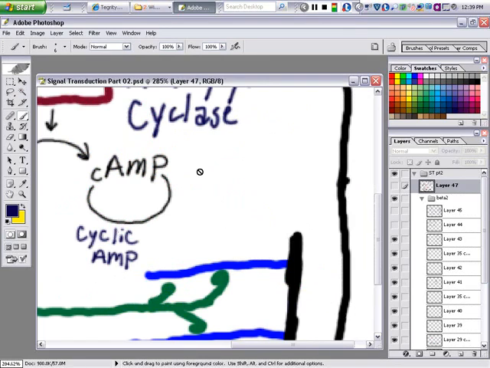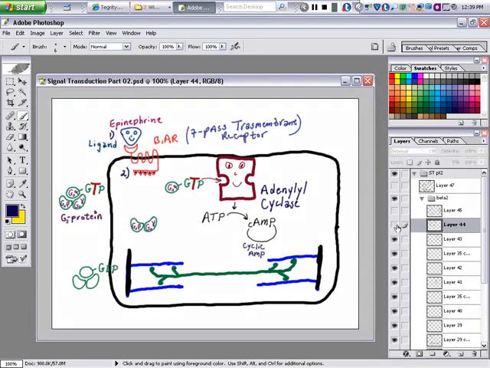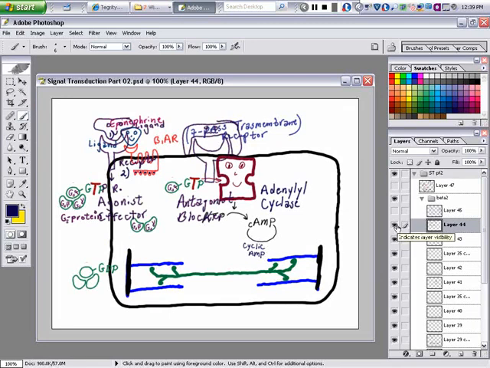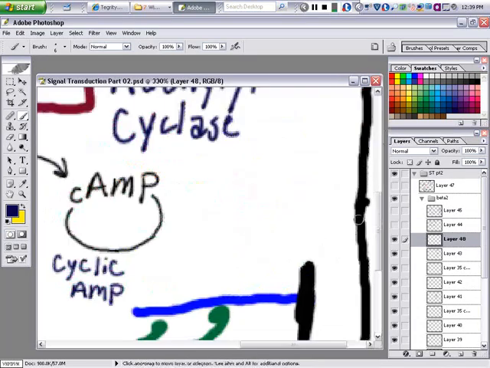So cyclic AMP in this situation is the second messenger.